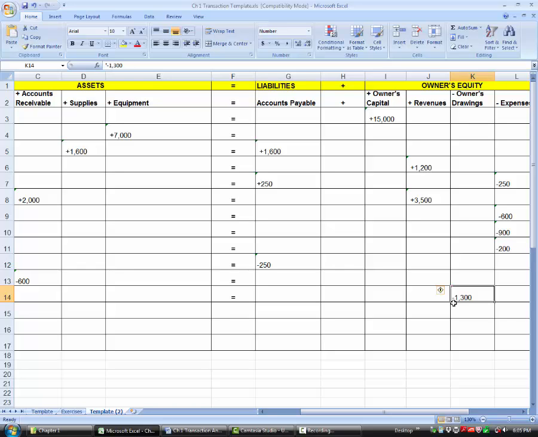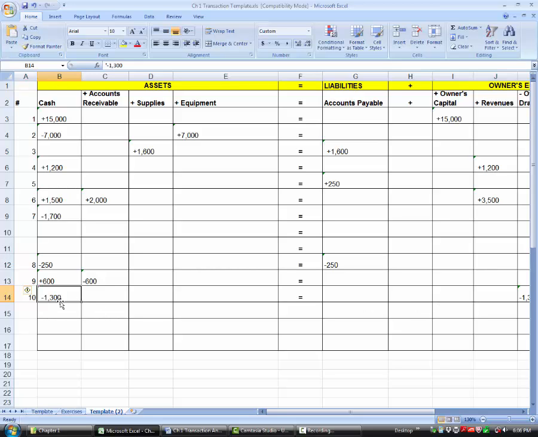If you go to the ATM and you withdraw $20, your bank account is going to go down. So the more you withdraw, in other words, the higher your drawings, the lower your bank account. So if we think of owner's equity as the bank account in this case, the 1,300 of drawings is going to decrease the owner's equity balance. That's why we show a minus sign in front of the 1,300 of drawings.